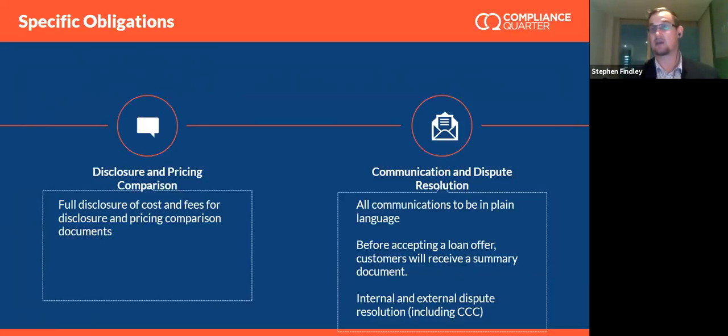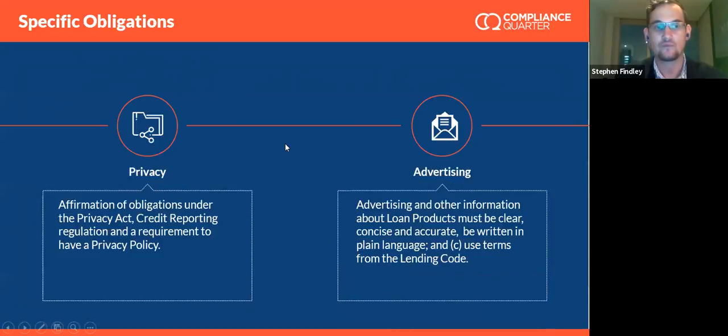The fintech could sign up to a particular ombudsman or other dispute resolution service, but whether or not they do, the customer will have access to the AFIA Code Compliance Committee as a dispute resolution body. The customer will only be able to make a complaint to that body if they are dissatisfied with the actions of the fintech lender and the resolution of the complaint.